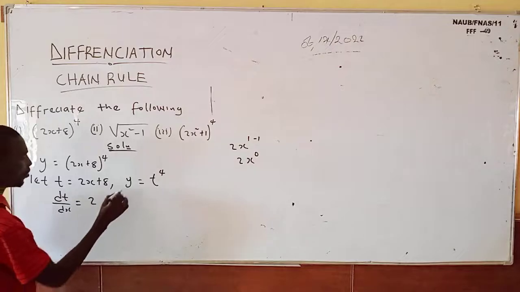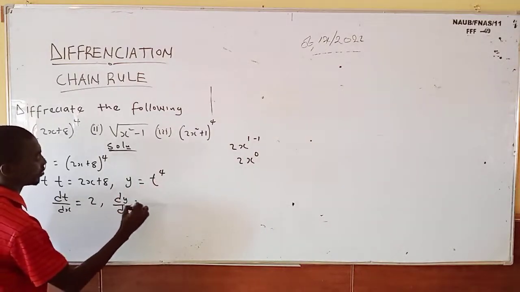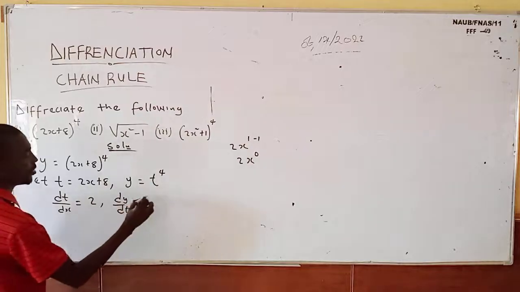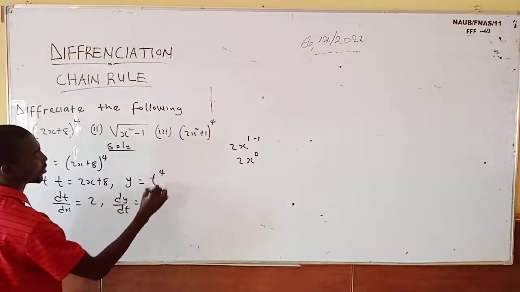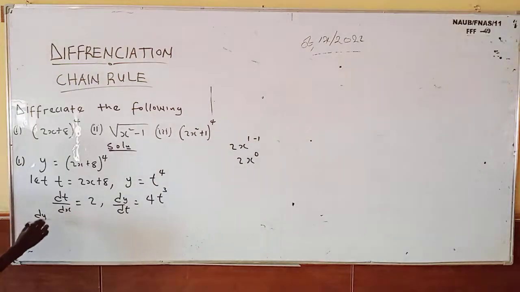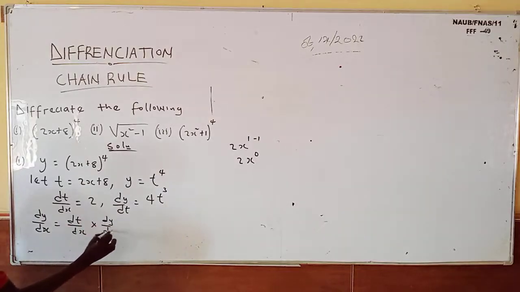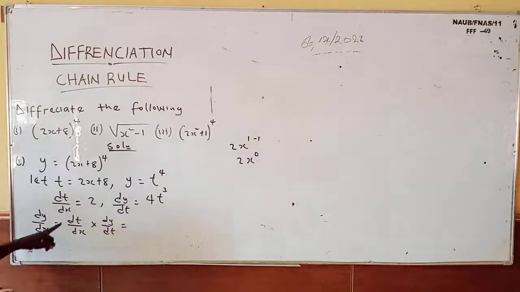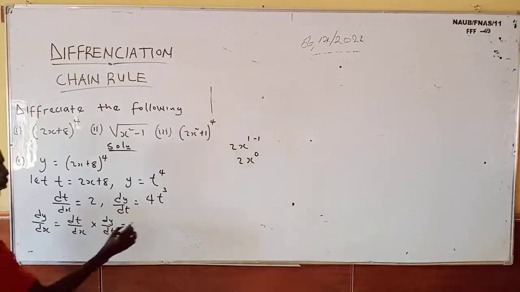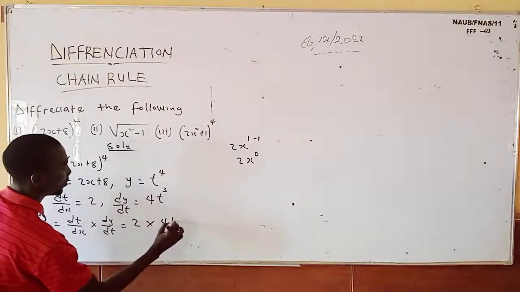So if you differentiate y in respect to t, dy over dt is nothing but, if you differentiate it, that's 4t, then subtract 1, you get 3. So now the next thing, dy over ds is nothing but dt over ds multiplied by dy over dt. dt over ds is 2, multiplied by dy over dt, which is 4t cubed.